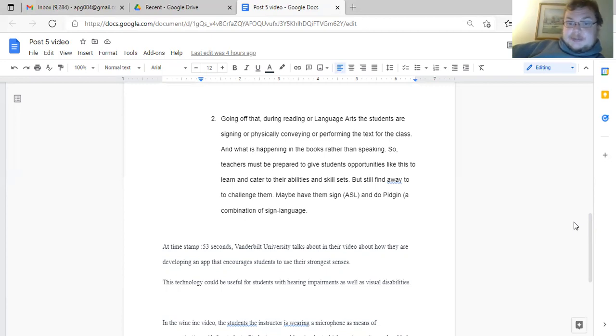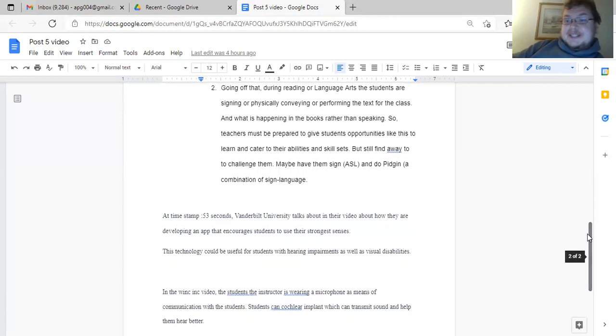They're performing sign language and kind of acting out what's going on in the books, which is really cool. And it's another way to interact with a text. So that could also be an option, and it's a great way to get students to participate.